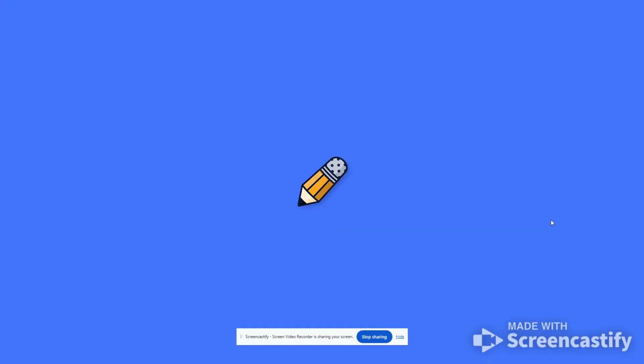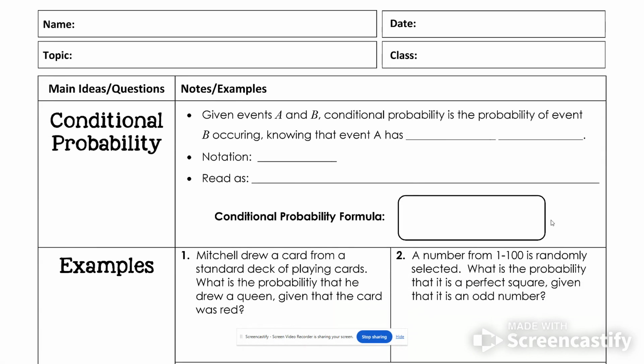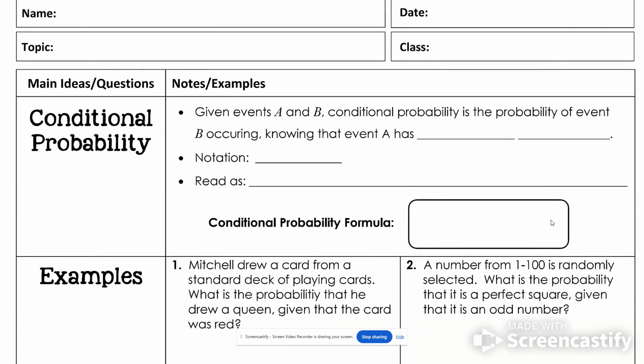Now, while this was happening, the substitute has passed out this paper right here, conditional probability. So get that out, and we're going to go through this together. So, given events A and B, this is called conditional probability. Conditional probability is the probability of event B occurring, knowing that event A has already occurred.